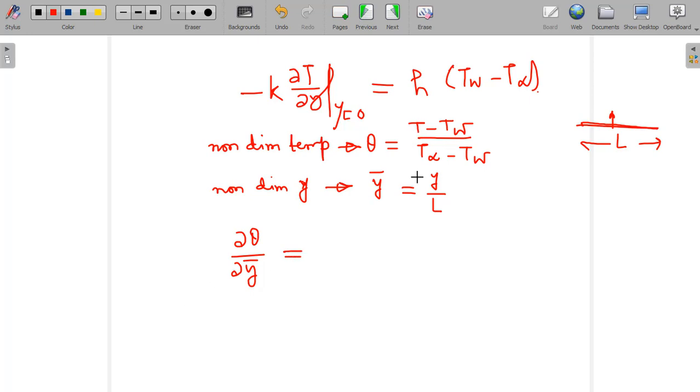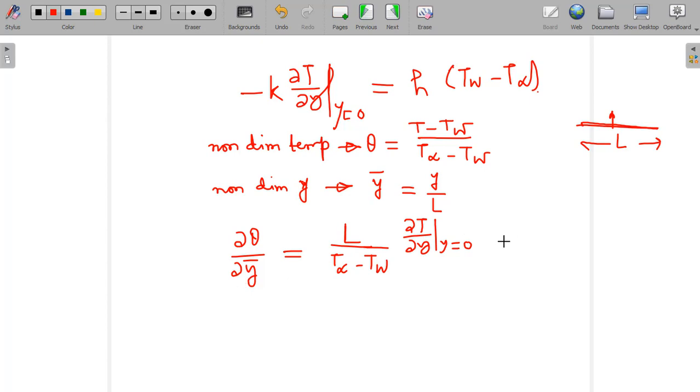So del theta del y bar is nothing but 1 by T infinity minus T wall into del T del y at y is equal to 0, and here it is actually divided by y bar, so we can write y bar is equal to y by L, so L will go there. Okay, so this is that quantity.